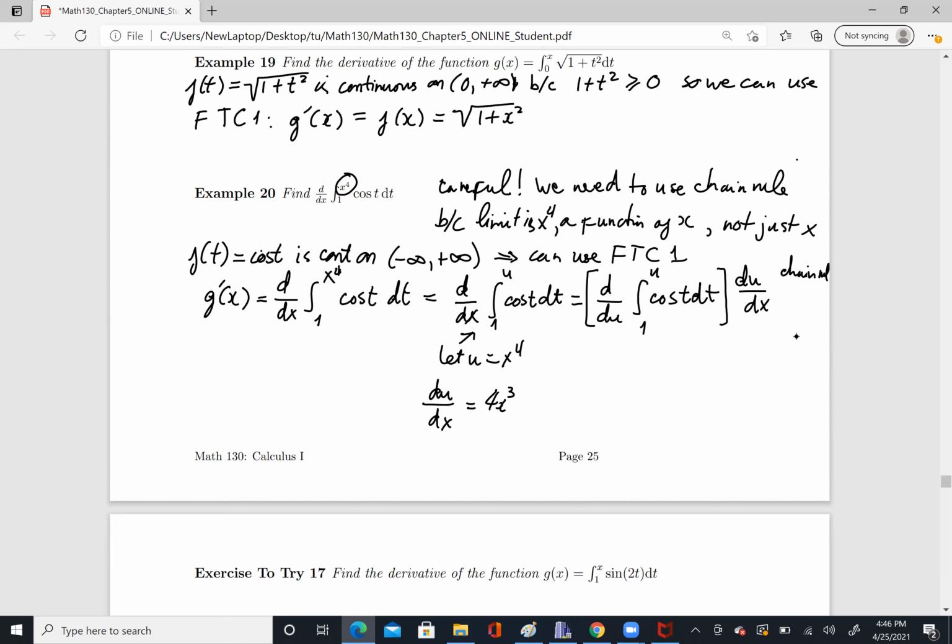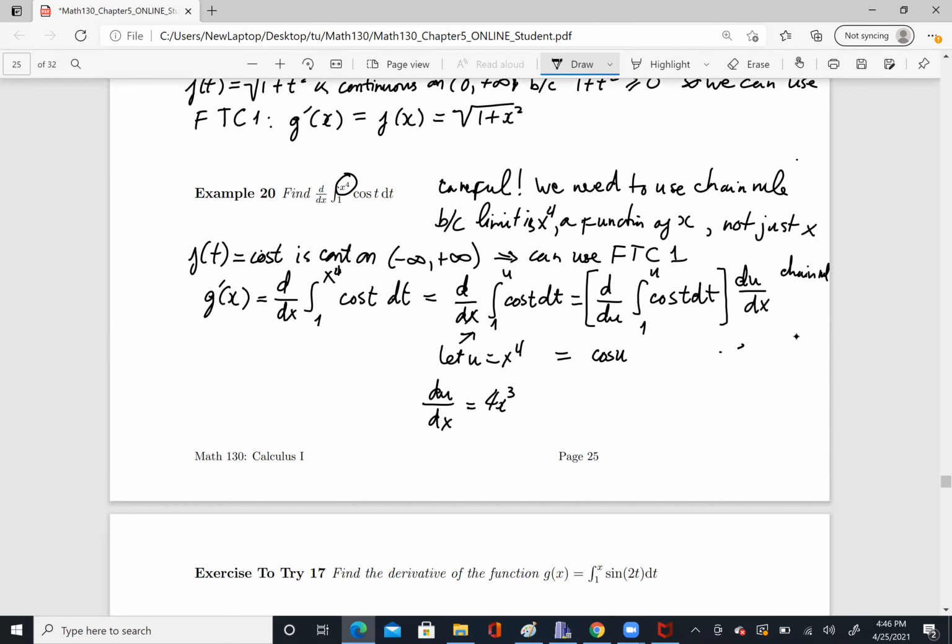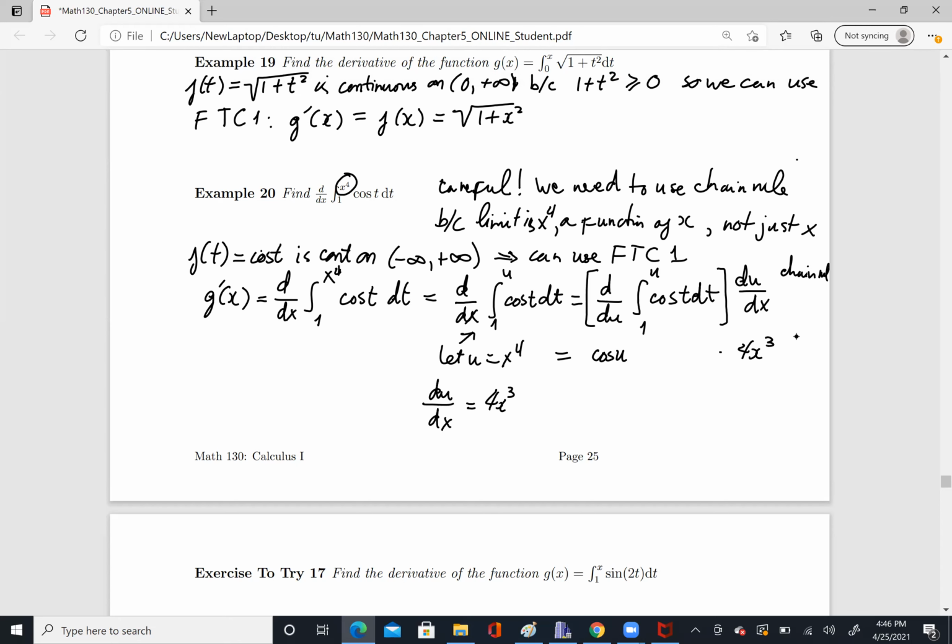And now I will have cosine of u for this part, multiplied by 4x cubed.